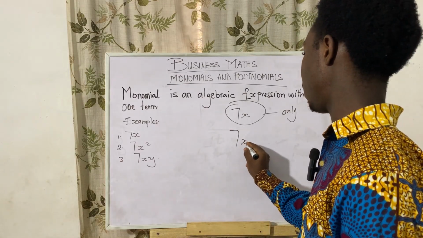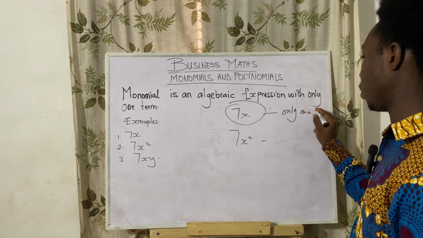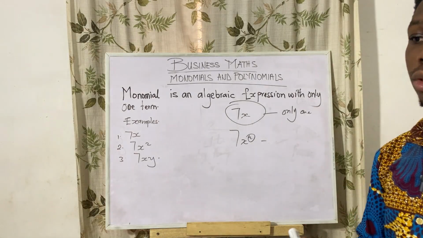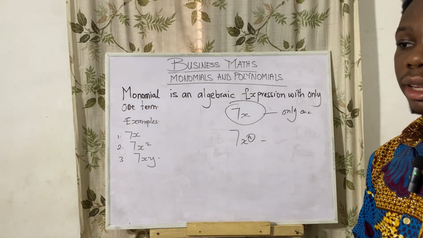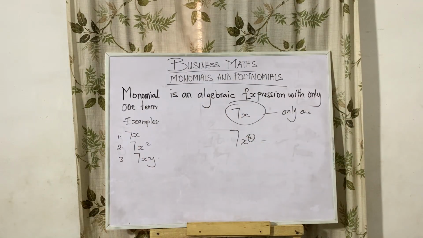So we have 7x squared, which has a whole number exponent, that is the 2. And it should have no variable in the denominator.